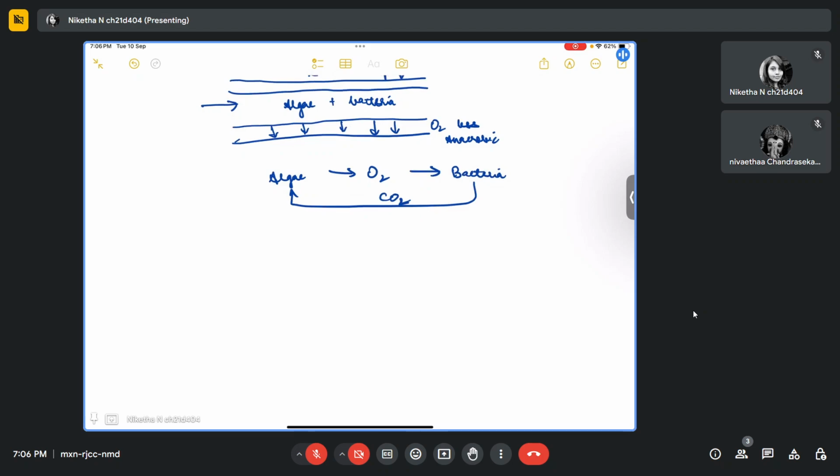So there are some design considerations here. First we have to consider how much BOD needs to be removed, and how we want the effluent quality to be. And then the effect of temperature.